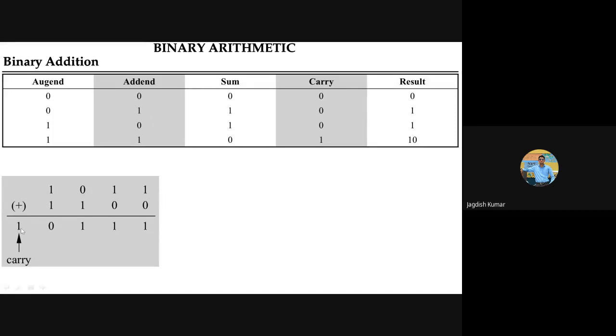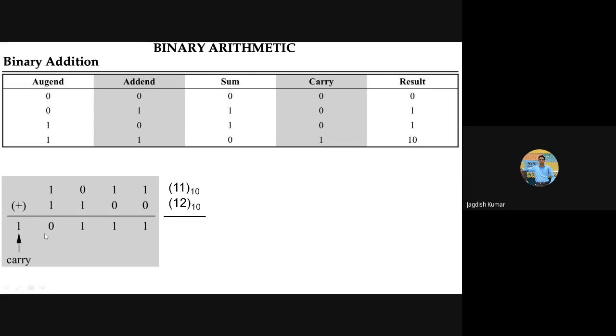Now how shall we verify that it is done the correct way? Let us write down the corresponding decimal counterparts. The first number was actually 11 to the base 10, and the second number was nothing but 12 to the base 10. Now, you have a carry here. As of now, we are not saying it is in 2's complement form.